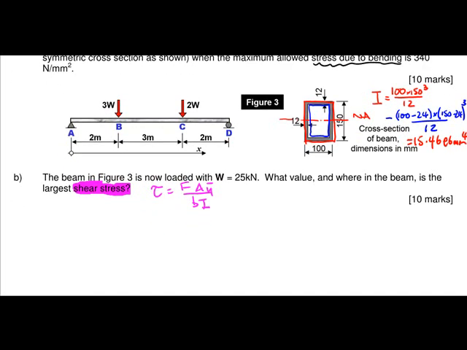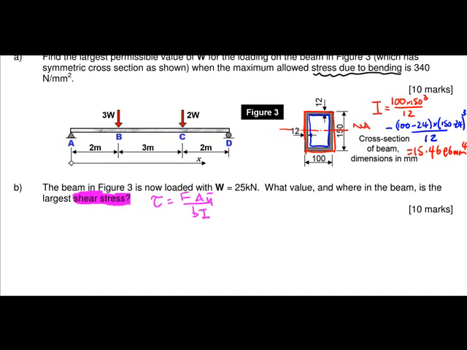This is the beam. You should be able to work out the reactions, and then sketch out the bending moment diagram just like that. There's a load of 3 on that side, so the bending moment is bigger there.